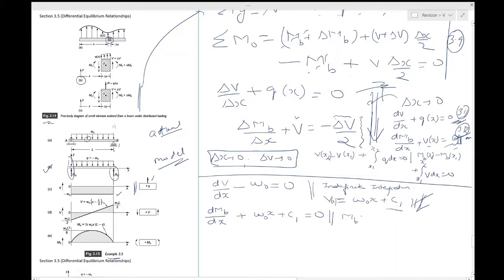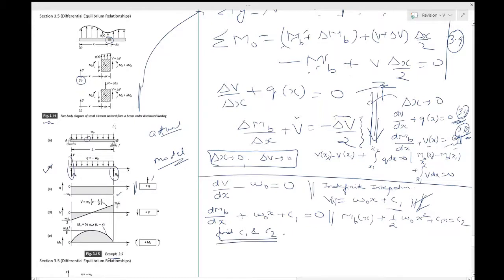That would be MB of x is equal to plus half of W naught x square minus C1 x plus C2, where C2 is also a constant of indefinite integration. So you have actually solved the problem. The only thing is you must find C1 and C2.